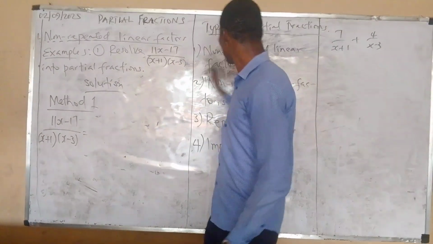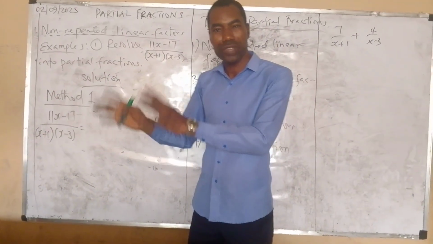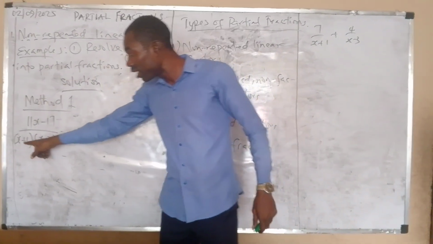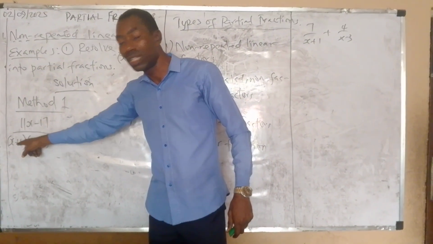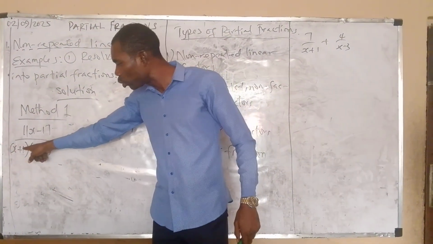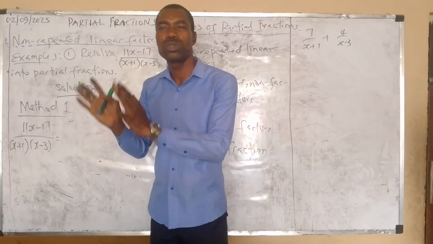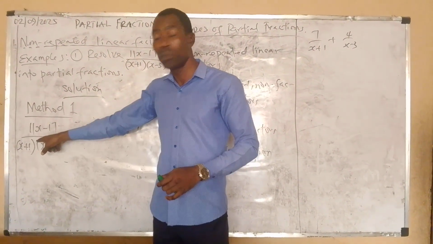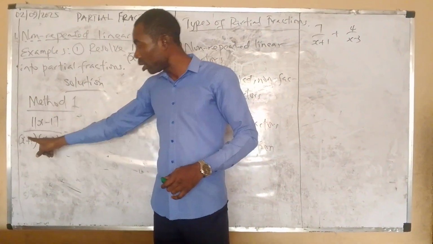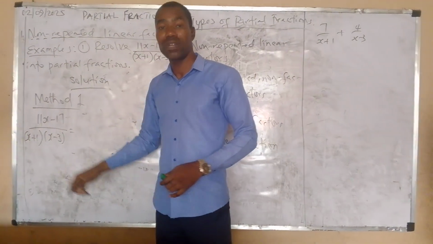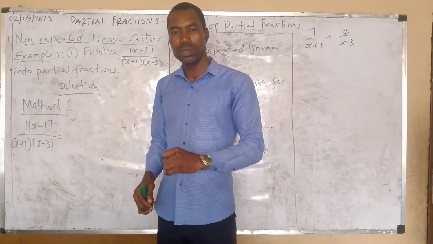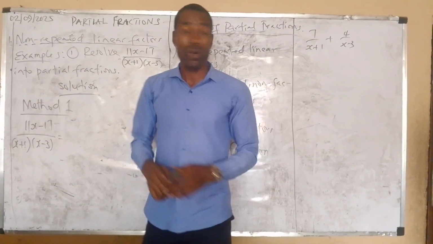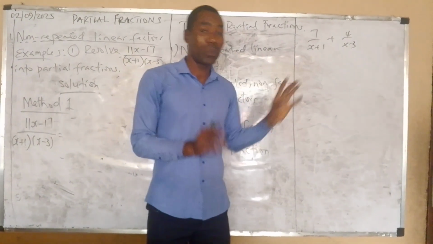The number of fractions I'm going to have, is it 2 or 3 or 4, will be determined by the number of linear factors in my denominator. Since I have 2 linear factors here, I'm going to have 2 separate fractions that will form the partial fractions of this compound fraction. And each of these linear factors will form the denominator of the 2 fractions. Which means I already know the denominator of my partial fractions.